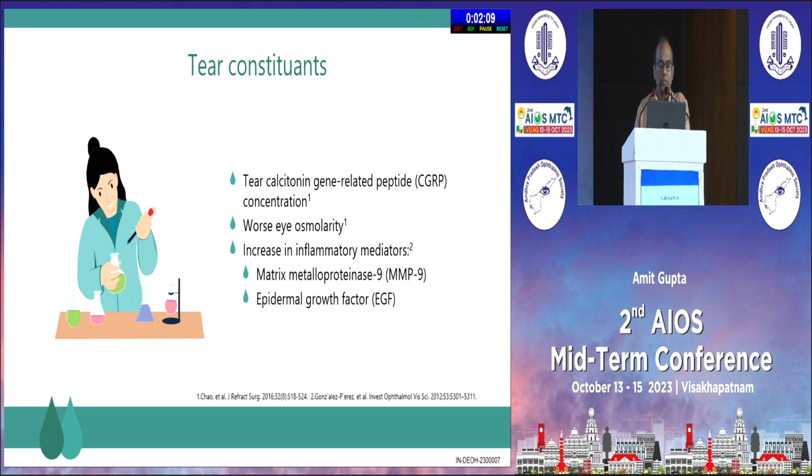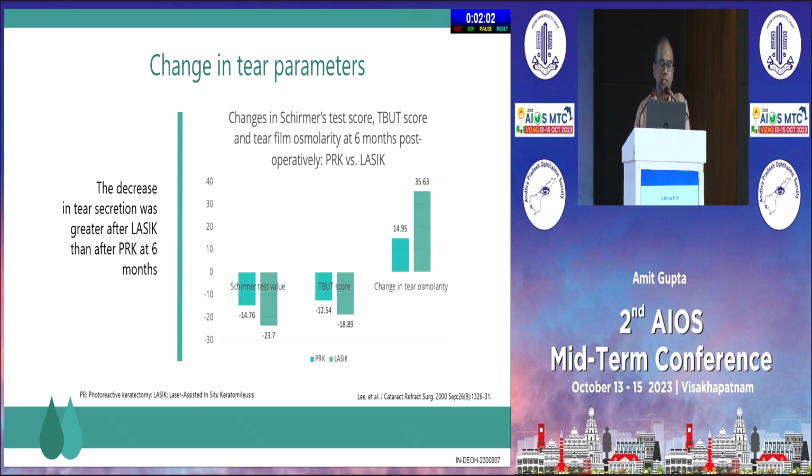An increase in inflammatory mediators such as matrix metalloproteinase and epidermal growth factor is also seen when you chemically analyze the tears post-LASIK. So if you take 0 as the baseline, the tear film parameters, Schirmer's and T-BUT, come down, and the tear osmolarity goes up.